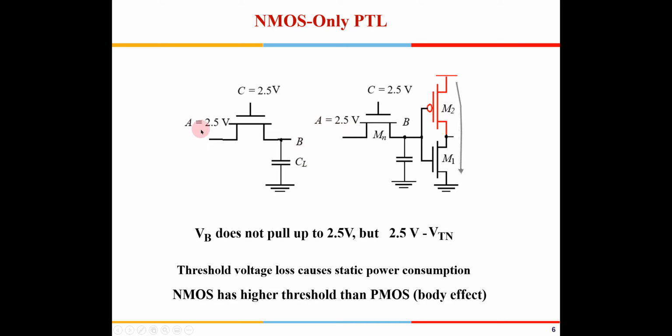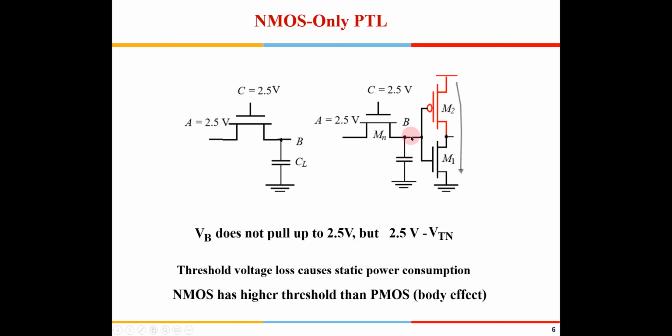Okay, good. So see, this is 2.5 volt, this is 2.5 volt. Let's assume that the threshold voltage of the NMOS and the PMOS is 1 volt. If it is 1 volt, and I am going to transmit a 1 out here, then instead of the full 2.5 volt, I am going to get 1.5 volt here.